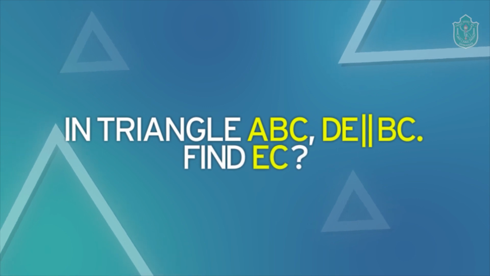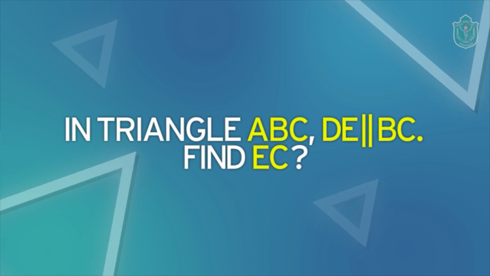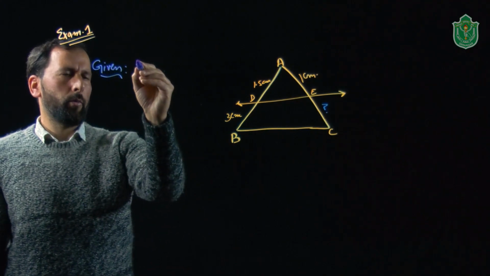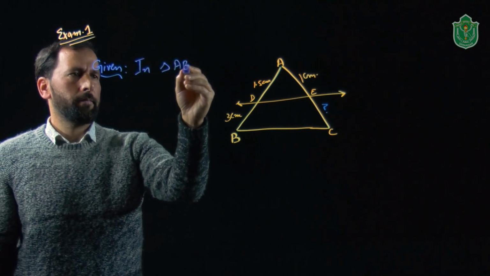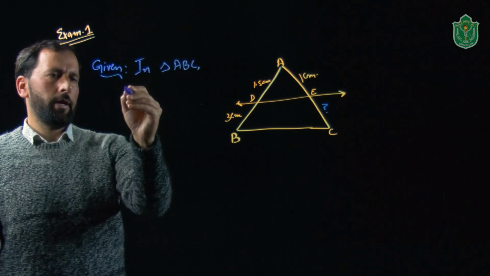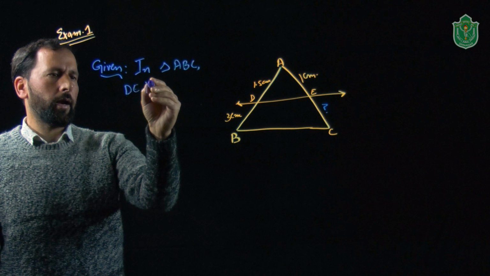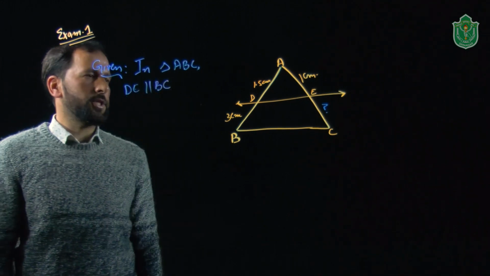We can write here first of all in this example, given is, in triangle ABC, DE is parallel to side BC. This is given.